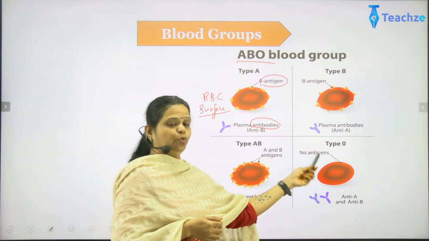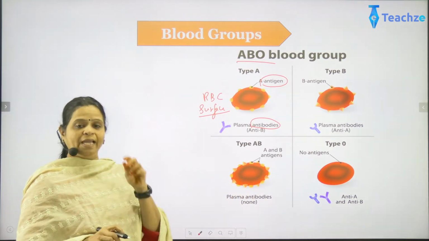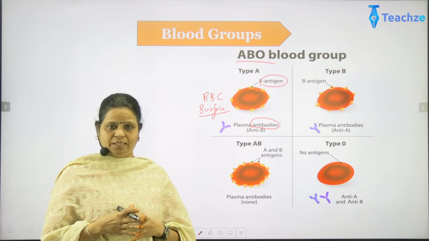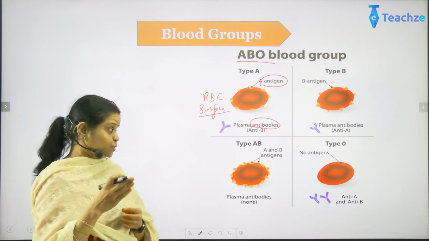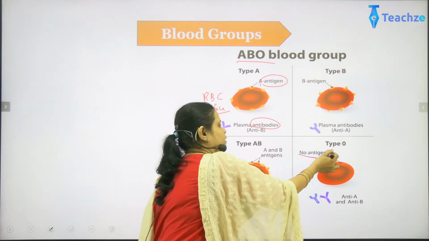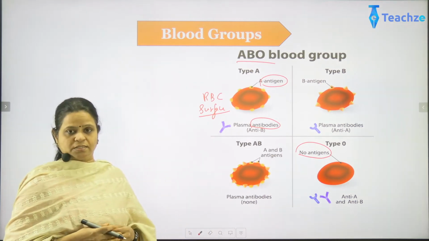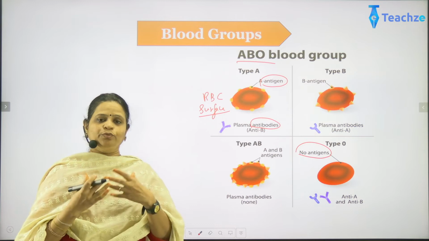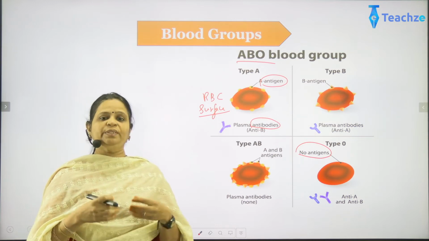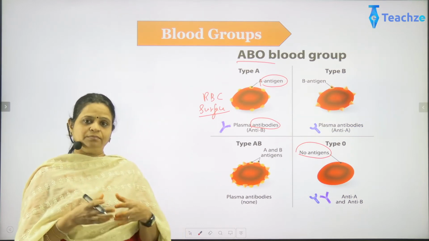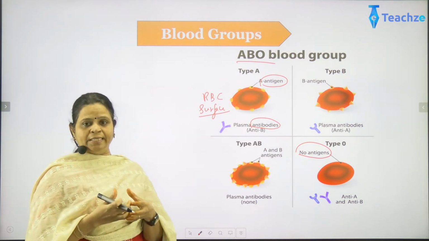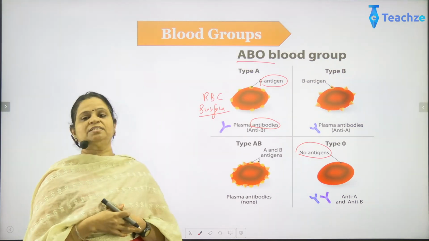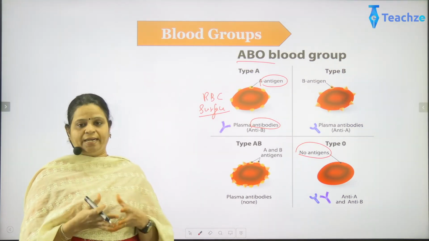Now what about O? O doesn't have any antigens on the RBC surface. That's why we have given here, there are no antigens. Okay. Now coming to what these antibodies are. Whenever a microorganism attacks, we need to produce antibodies as a defense mechanism. Similarly, blood also needs antibodies for protection.